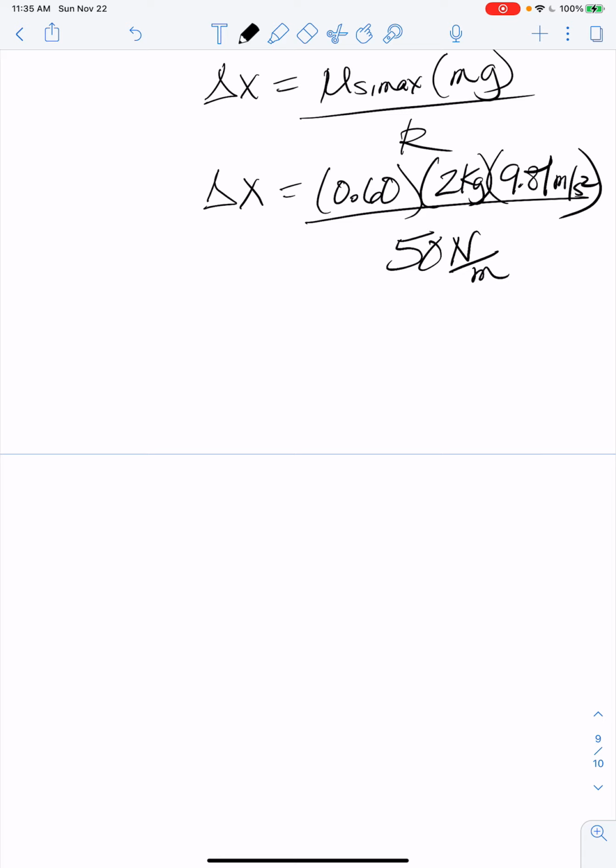All right, so we can just go ahead and plug all this in and crunch this and solve. So 0.6 times 2 times 9.81, divided by 50, is equal to 0.235 meters, which is 23.5 centimeters.